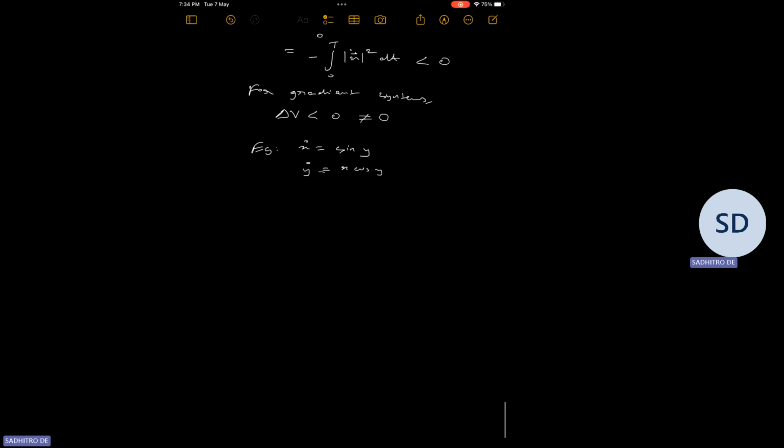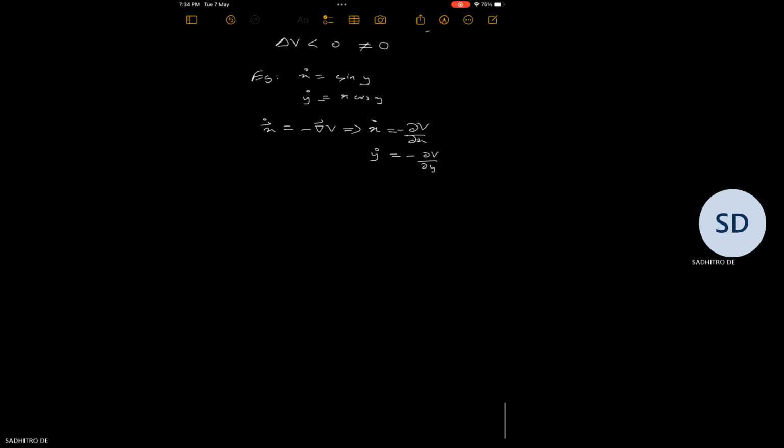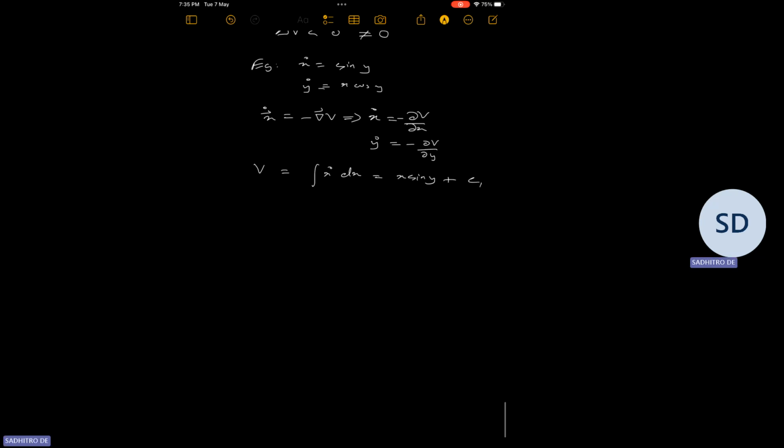All right. So we saw that the gradient system has x dot equal to minus grad v, which basically implies that x dot equal to minus del v del x and y dot equal to minus del v del y. So basically v will be given by the integration of x dot with respect to dx, which in this case gives me x sine y plus some constant c1.